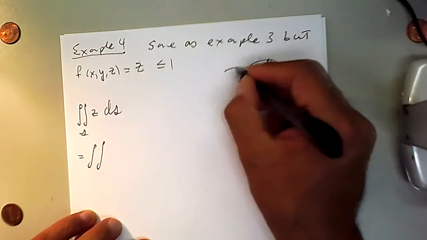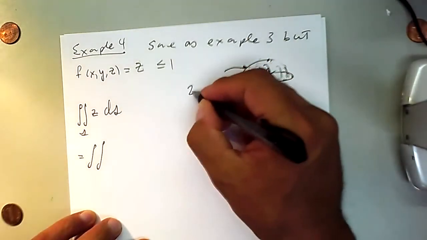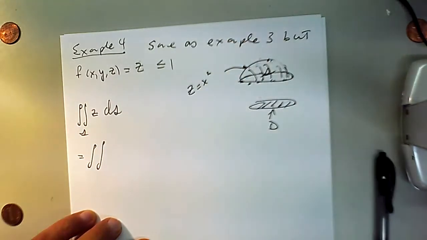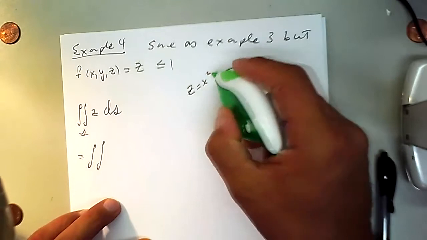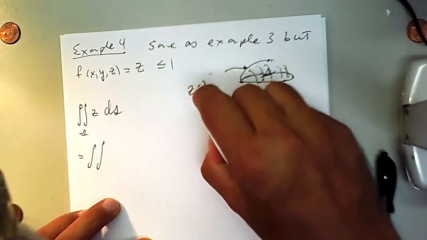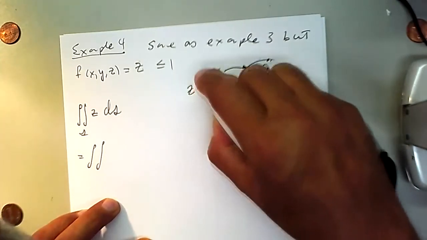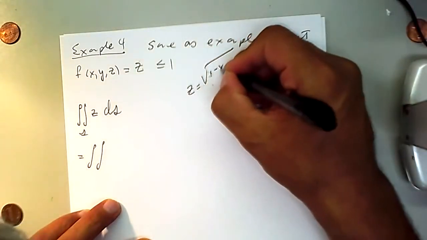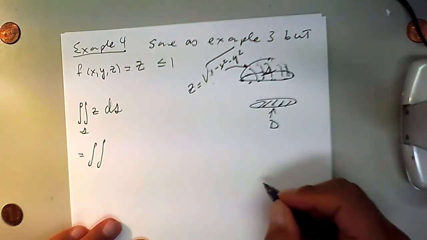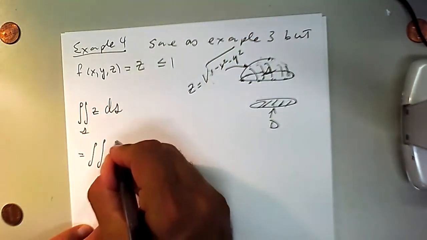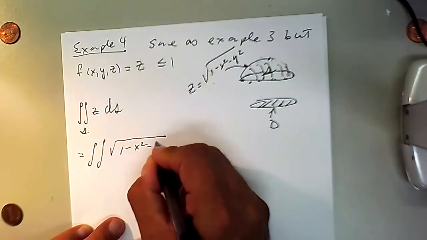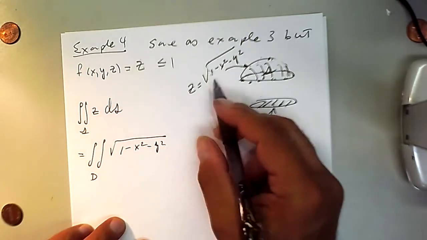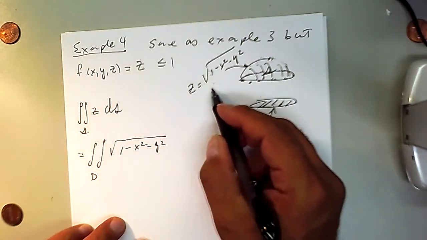By the way, z in this case on the surface is, whoa, I almost put x squared plus y squared. It is the square root. The z is the square root of 1 minus x squared minus y squared. There we go. So that's what we're going to integrate, the square root of 1 minus x squared minus y squared over D. We're using what parameterization?